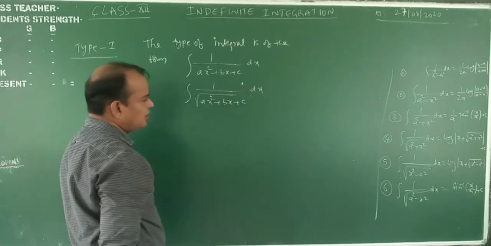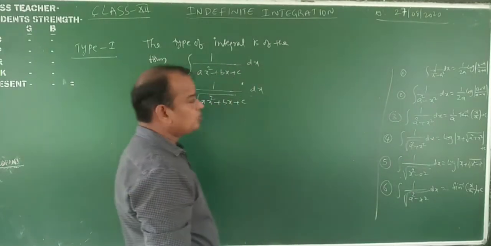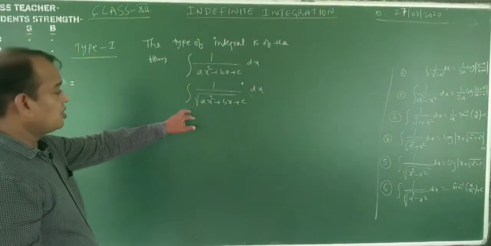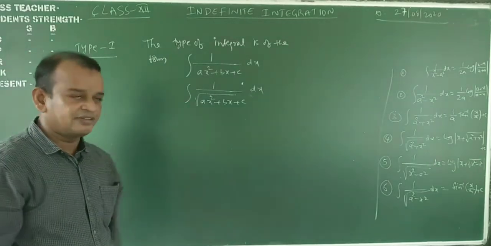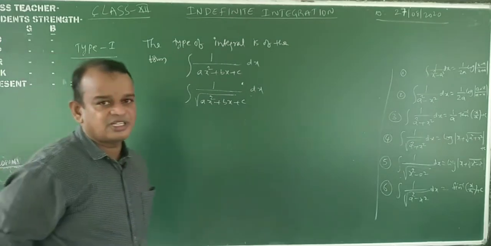These are the two types. In this one also another one is there, I will explain that later. 1 by ax square plus bx plus c dx.